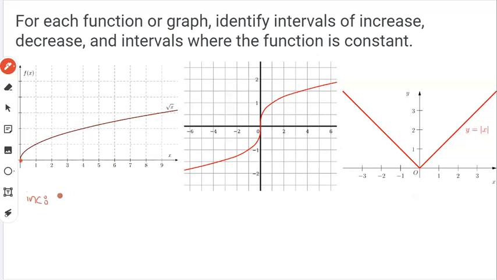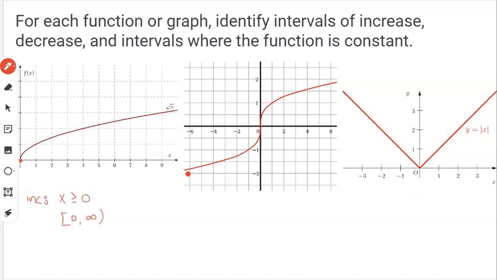So I'm going to say f of x is increasing on the interval x is greater than or equal to 0, or from 0 to positive infinity. And once again, when we look at these intervals, we're looking at the x-axis. We're not looking at the y-axis. So we're only looking at intervals on the x-axis when we do these.